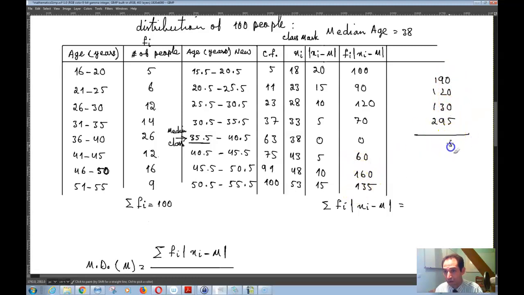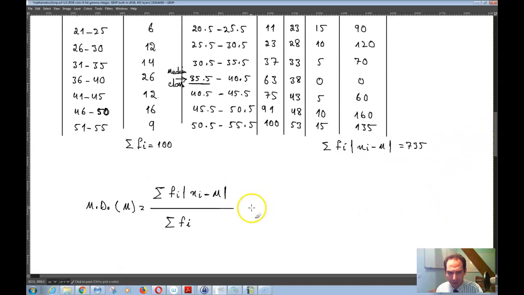So you get a 5 over here. 11 plus 12 is equal to 23, and so we get 735. And so basically then you can calculate this as 735 over sigma f of i, which is equal to 100, is equal to 7.35. So let me first see if my answer is correct, and yes, 7.35 is correct.